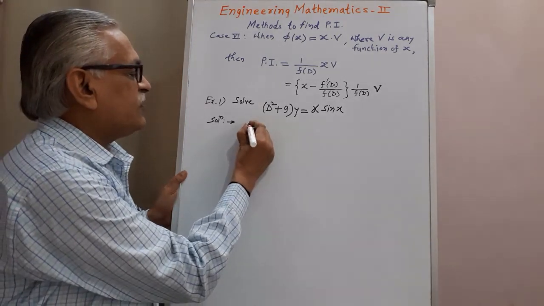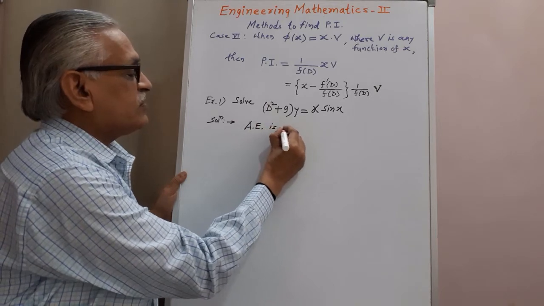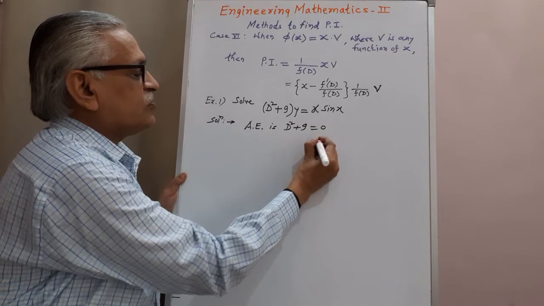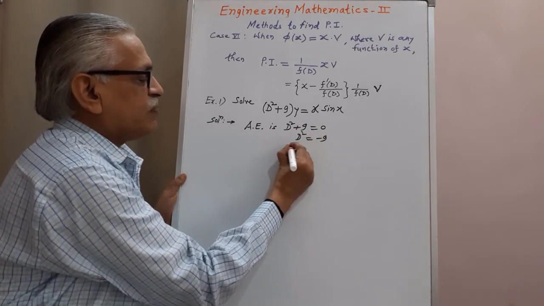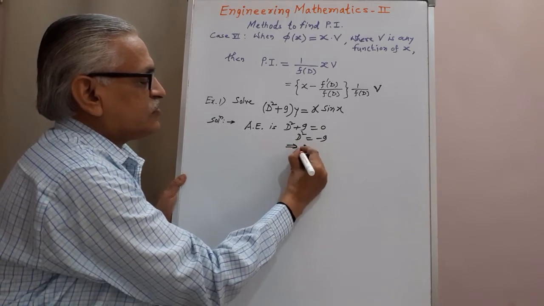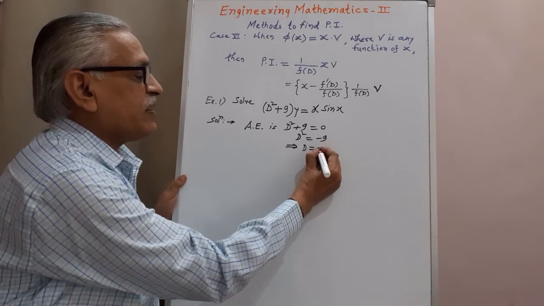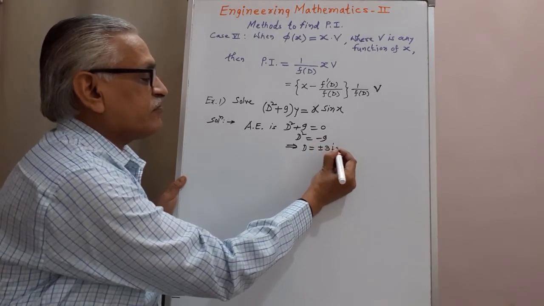For CF we write down the auxiliary equation. The auxiliary equation is D square plus 9 is equal to 0. We get D square is equal to minus 9. It implies, taking square root on both sides, D is equal to root of minus 9, that is plus minus 3i.